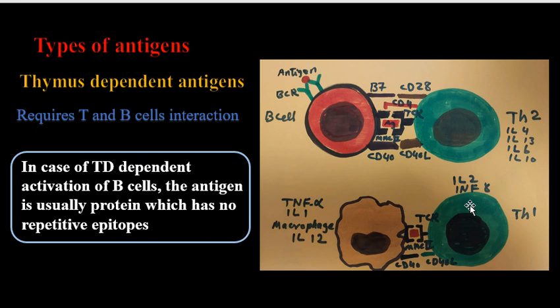Usually T helper 1 talks with macrophages, T helper 2 likes to talk to B lymphocytes, and actually these antigens are usually proteins which have no repetitive epitopes in general.